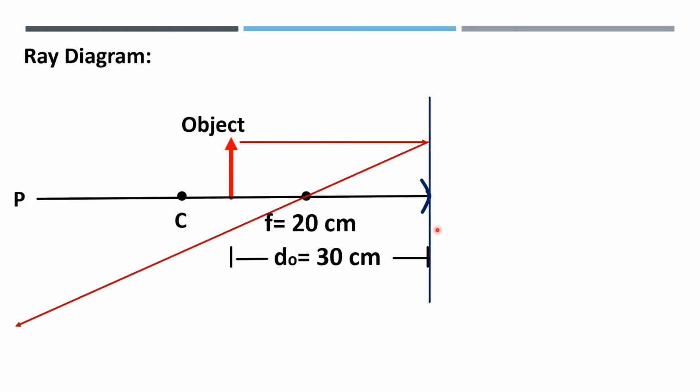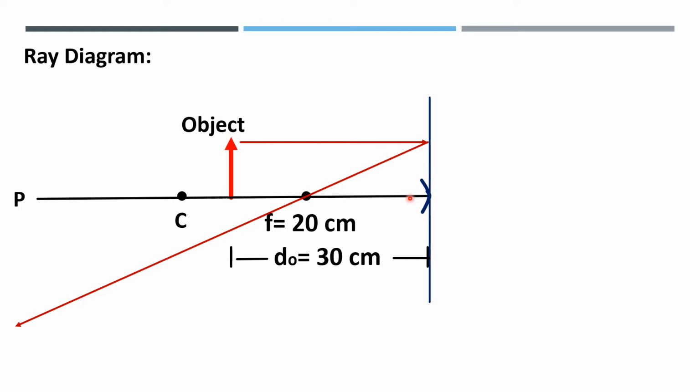So we have identified one incident ray. Let me repeat. An incident ray that is parallel to the principal axis, when reflected by the mirror, the reflected ray will pass through the focus.